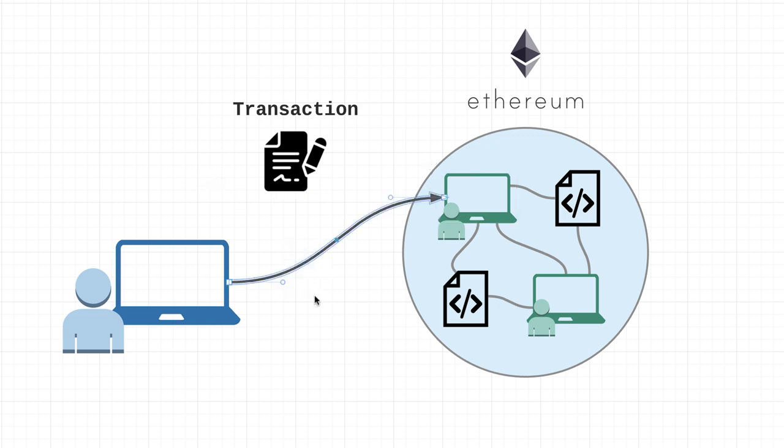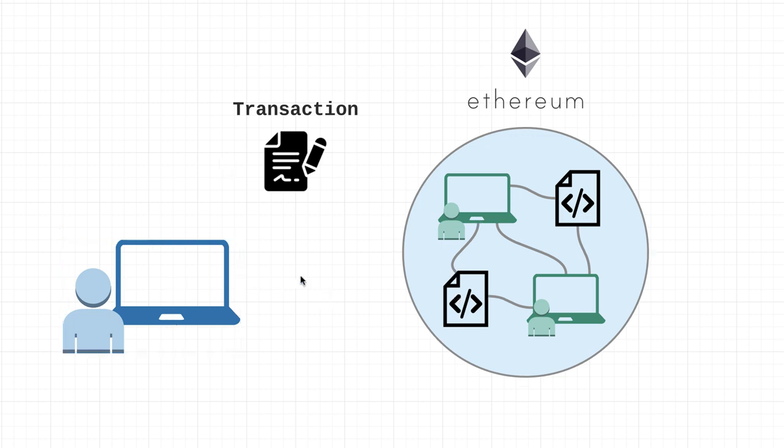Transactions can also be instructions to the network to execute smart contracts. An important point to make is that all transactions are always initiated by an EOA, in other words, by a human or an account with a private key.